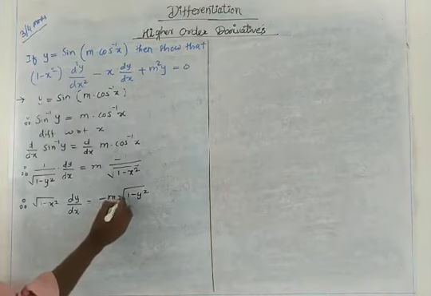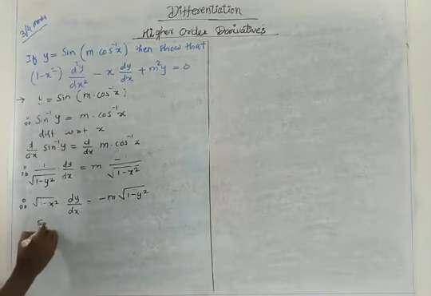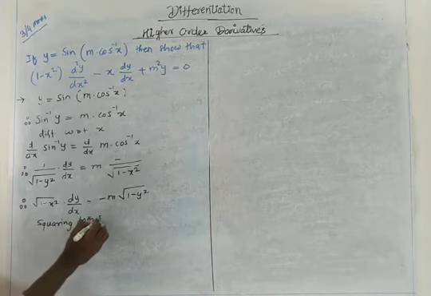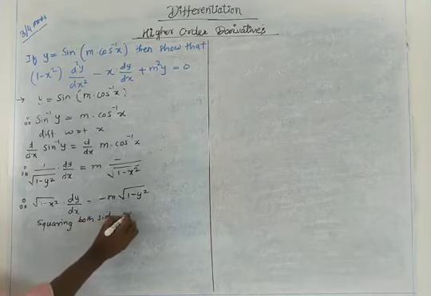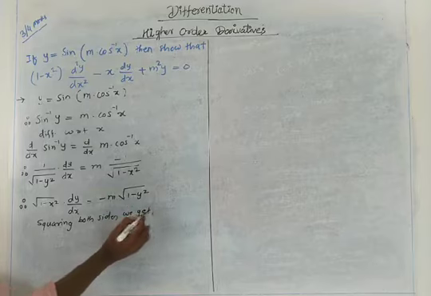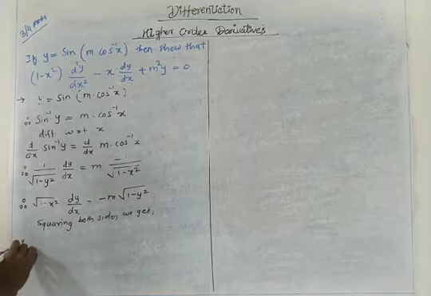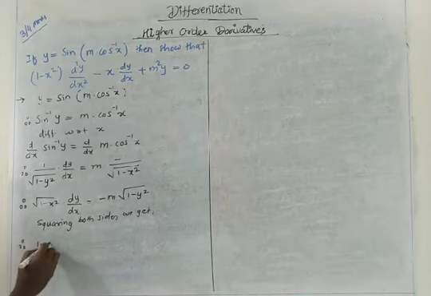Now I want to remove that root. So squaring both sides, we get what? Under root 1 minus x bracket square is what? 1 minus x square.